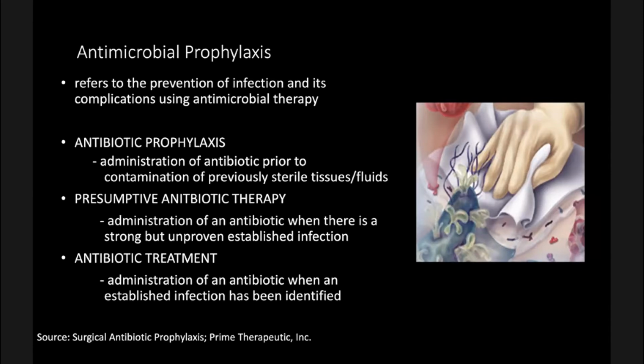Presumptive antibiotic therapy is the administration of an antibiotic when there is a strong but unproven established infection. Okay, the difference from antibiotic treatment is that treatment is the administration of the antibiotic when an established infection has been identified.